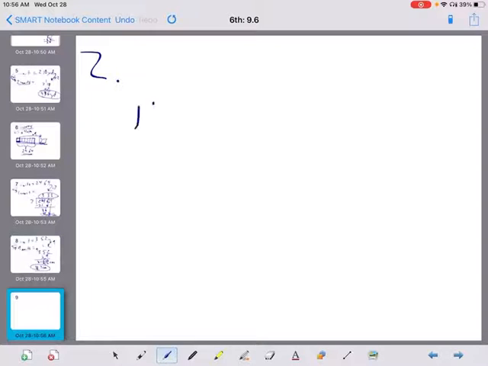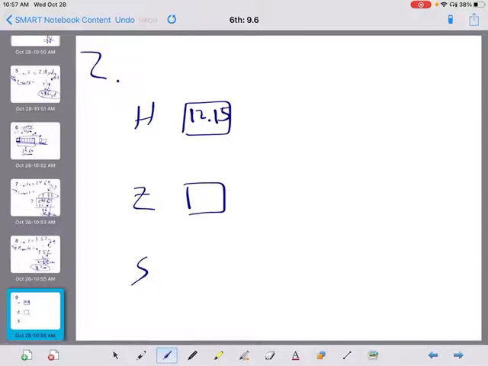So I'm just going to say Heather, Zach, that's my Z, because otherwise it looks like a 2, and Serena. So Heather saved $12.15. Zach saved 3 times as much. So if she got 1 box, he should get 3 boxes.